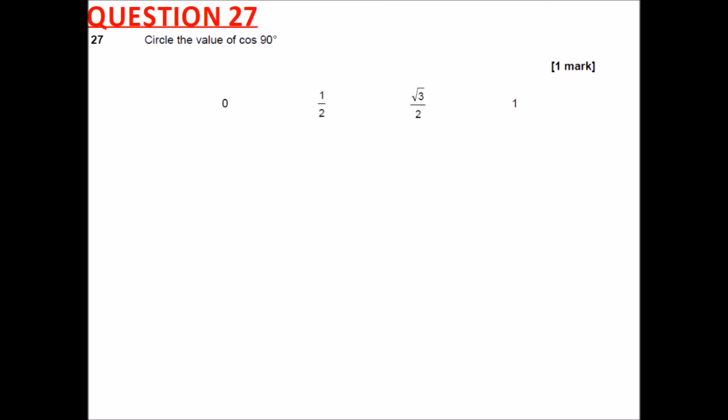27. I won't get on to it now about my personal opinions, but yeah, these are the questions you're just going to have to sort of, in my opinion, last minute revision, 5 minutes, for certain trigonometric values, which you'll need to know, and one of them is cos 90.